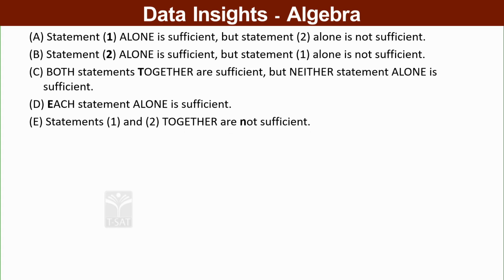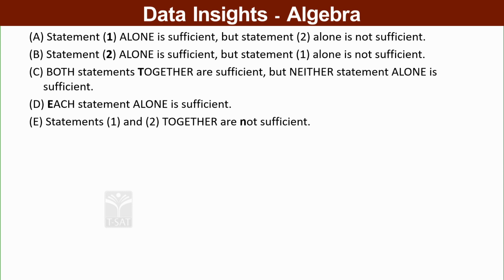So let's begin. These are your options for data sufficiency questions, which are going to be standard for all data sufficiency questions. Option A says statement 1 alone is sufficient, but statement 2 alone is not sufficient. That's when you mark your answer as option A. Option B is statement 2 alone is sufficient, but statement 1 alone is not sufficient.